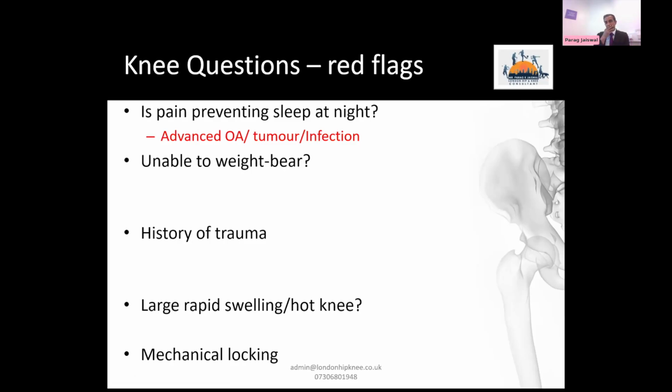Unable to weight bear, and this is without a history of trauma. Cancer, fracture, sepsis, arthritis, gout. So the number one thing you need to worry about is septic arthritis.